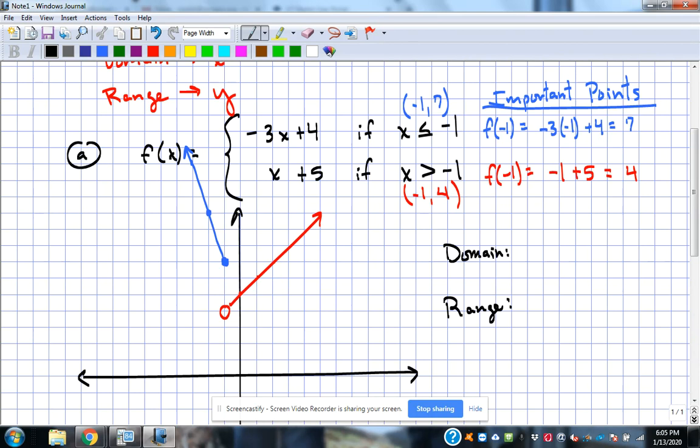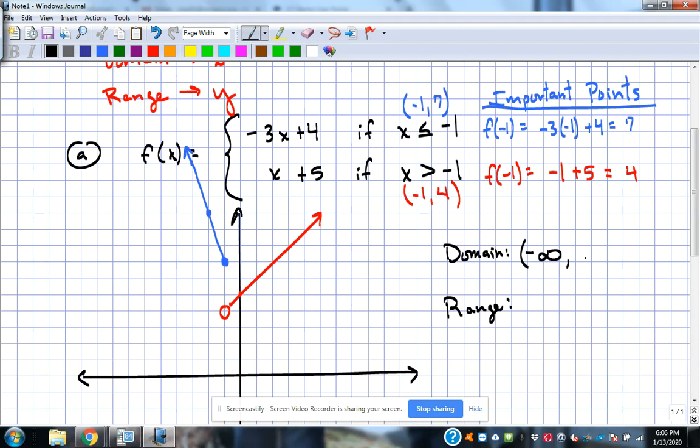So where does that go? What x values are less than or equal to negative 1? Well, negative 2, negative 3, negative 4, negative 5. Keep going. Eventually, we're getting toward where? Negative infinity. Because it's going all the x values that are less than negative 1.